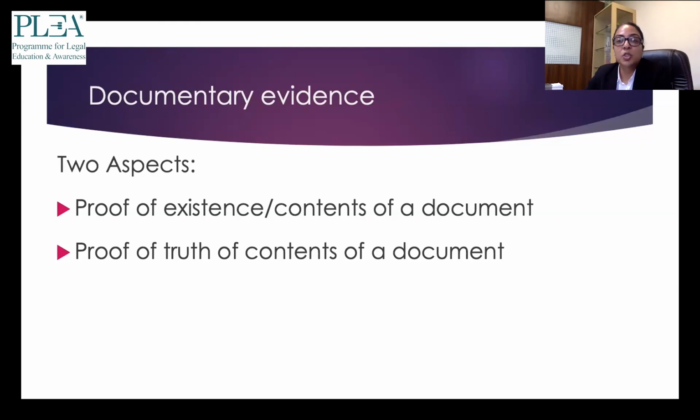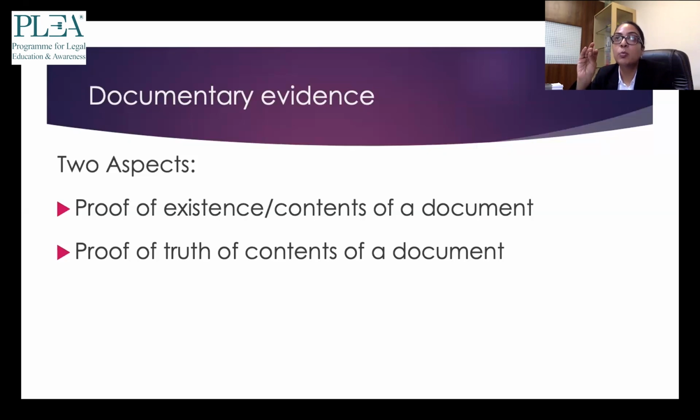There is a very good decision of the Bombay High Court, in AIR 1983 Bombay 1, which, in a very simple and succinct manner, explains the difference between existence and truth of contents. Often in practice, we tend to confuse the two.